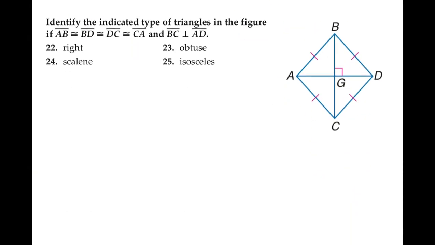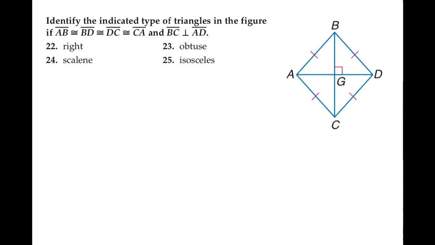Okay, identify the indicated type of triangles in the figure. It gives us all this, so AB and CD and DC and AC are all the same, and we have that right angle in the middle. So it says, where are all the right triangles? So the right triangles would just be 1, 2, 3, 4, because anytime one right angle is formed, its vertical angle is a right angle. 180 minus 90 is another 90, like linear pair, and same thing over here.